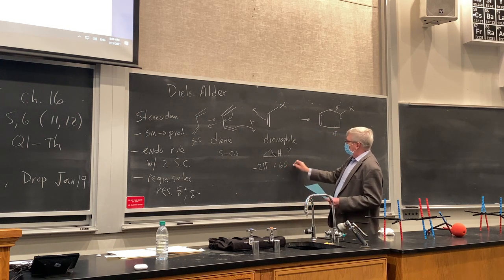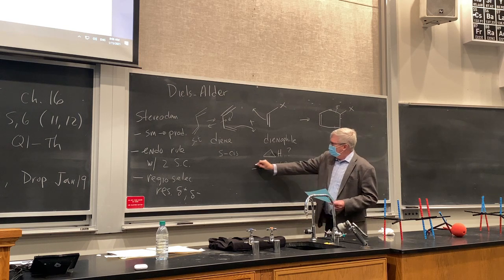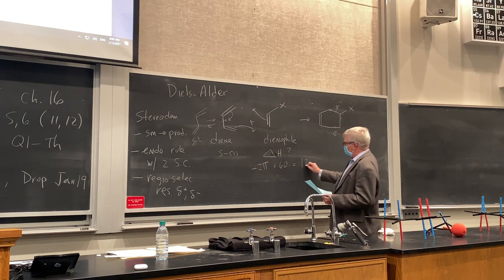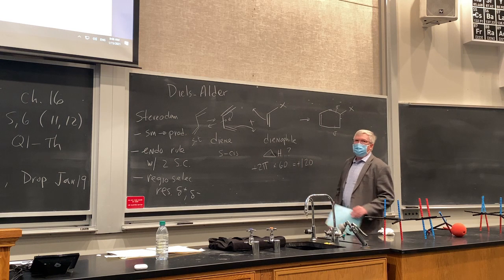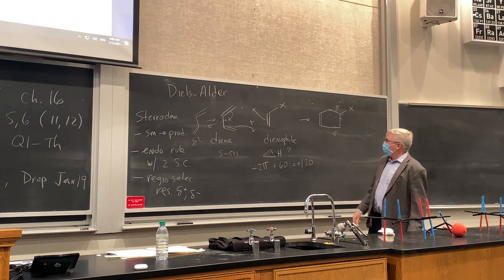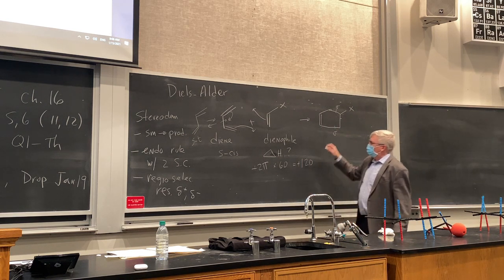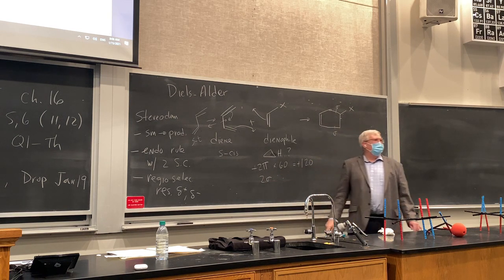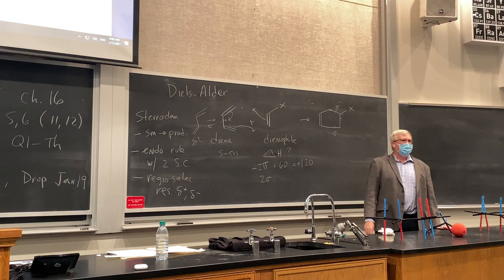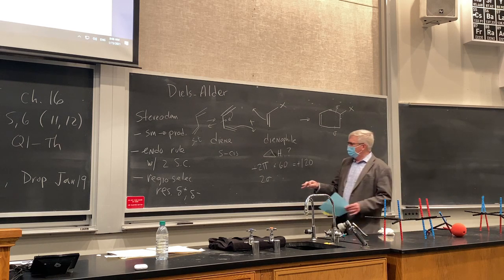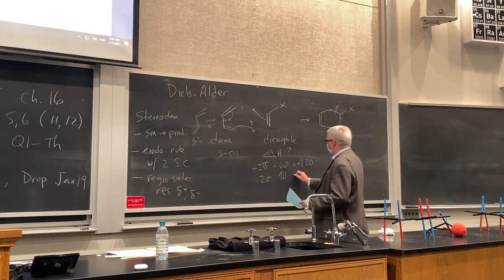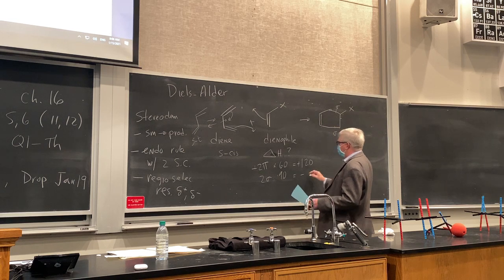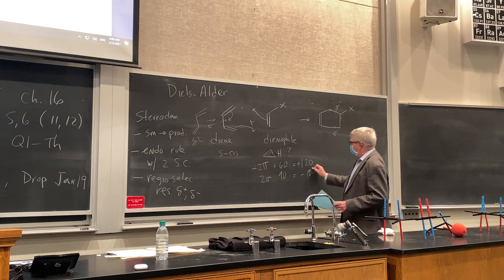So 2 times 60, that's going to be breaking, what, 120 kcals. And then what do we get back out? Well, we get the 2 sigma. And what are sigma bonds worth? They're almost 100 kcals, right? Or 90 or so. So what is that? You're going to be getting out 180.